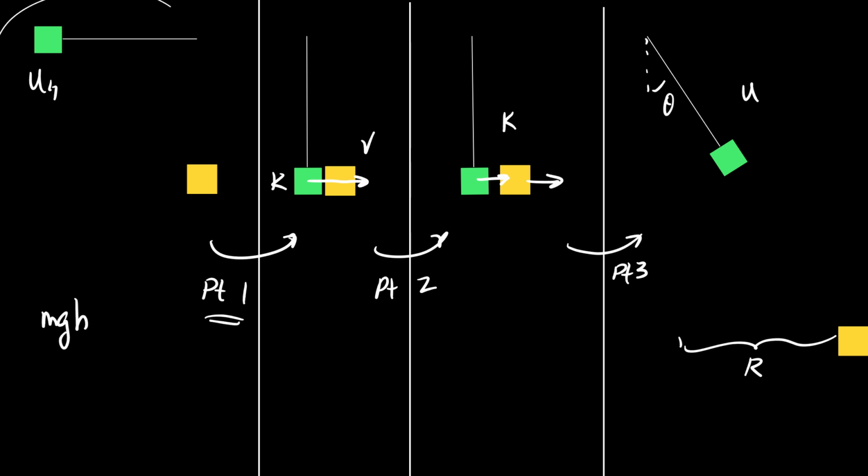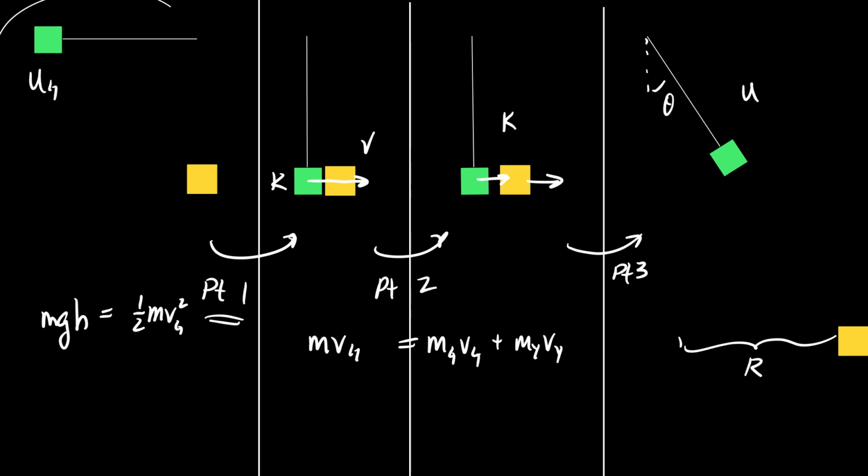mgh for the green block has to equal 1/2 mvg squared for the green block, right? That has to happen. And then I see a collision where mvg for the green block has to equal mgvg for the green block after the collision plus myvy for the yellow block after the collision.